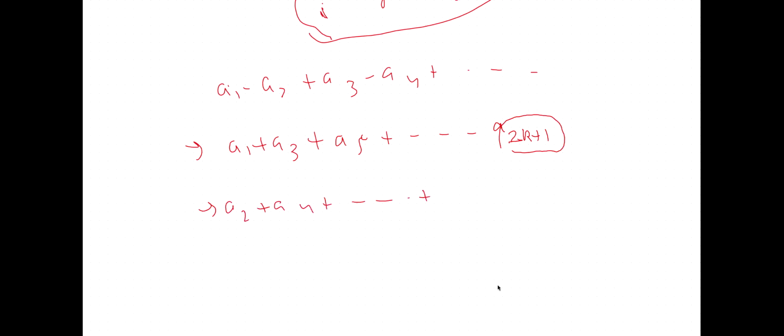So can I say that it's a1 plus a3 plus a5 plus up to a(2k+1), because these are odd positions, and a2 plus a4 plus up to a(2m)? Wait, I'll say minus of this, yeah, minus of this, or I would say just remove this bracket.